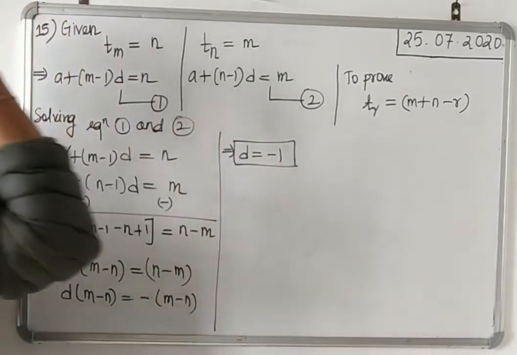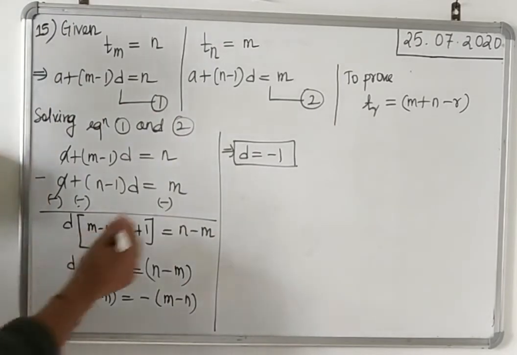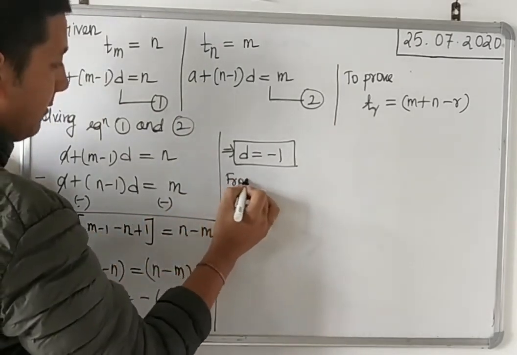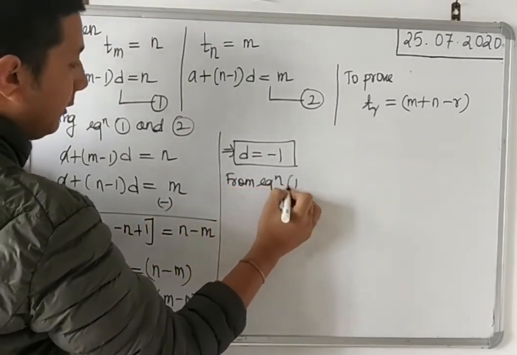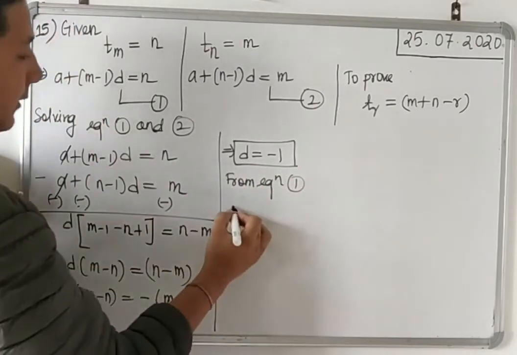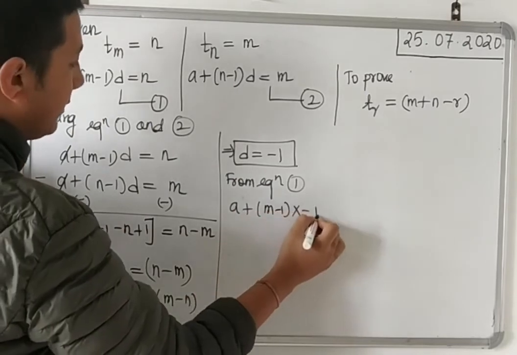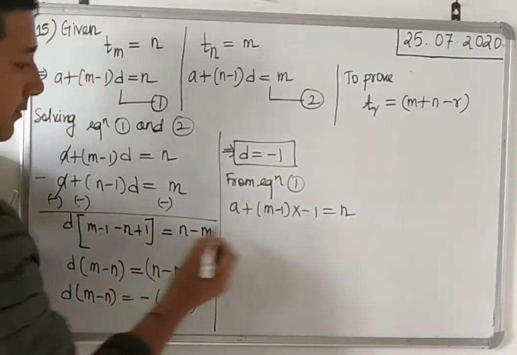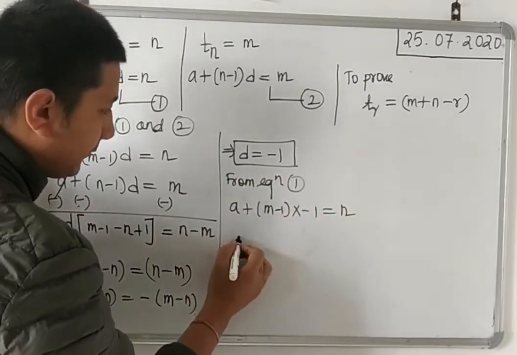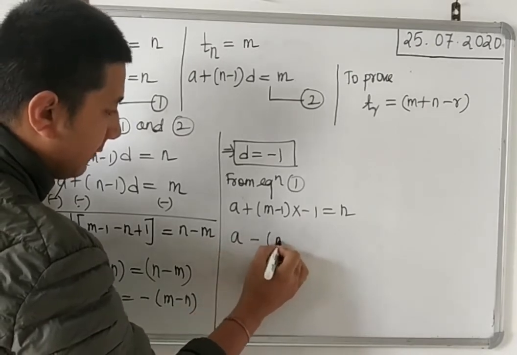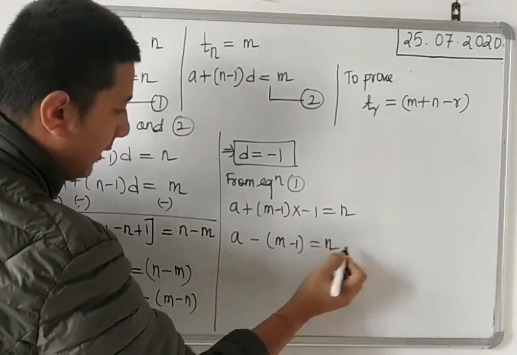So let us put this value of d in any of the equations. From equation 1, you put the value of d. So a plus (m minus 1) into minus 1 equals n. So therefore a minus (m minus 1) is equal to n. Let us take this side.